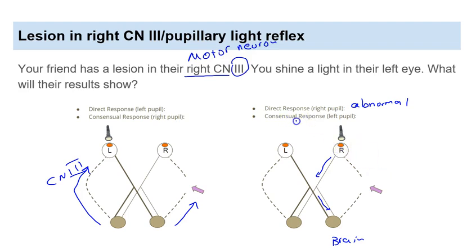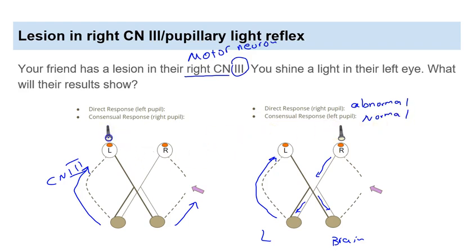And how about the consensual response? You're going to send the signal to both sides, right and left, right? Okay, but the right side, the cranial nerve number 3 is working perfectly. So then we can see the constriction of the pupil on the left side. So that would be normal. And then how about the left side?